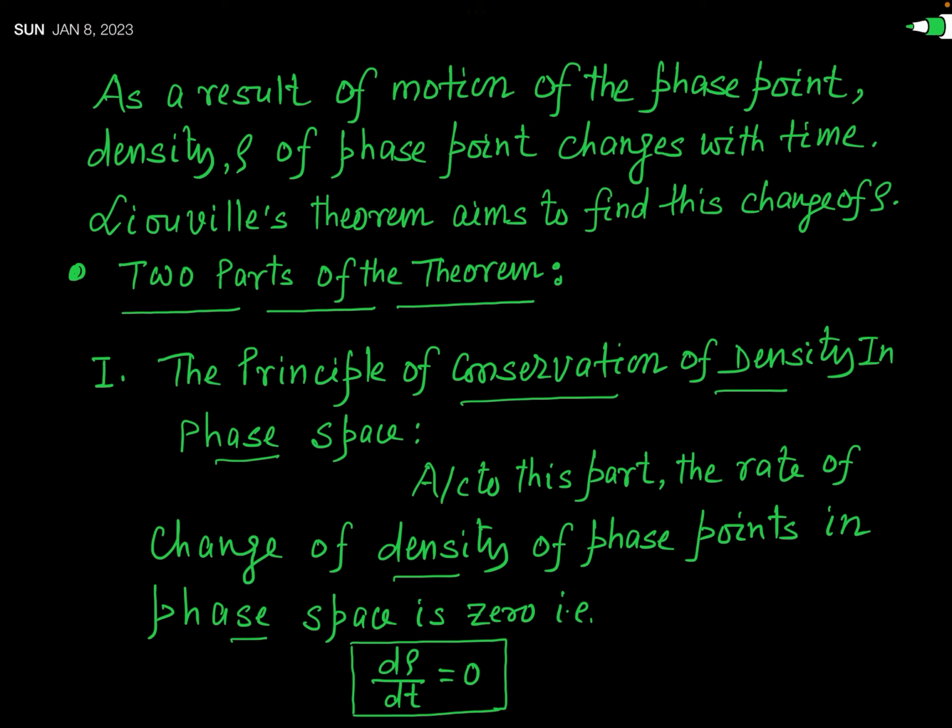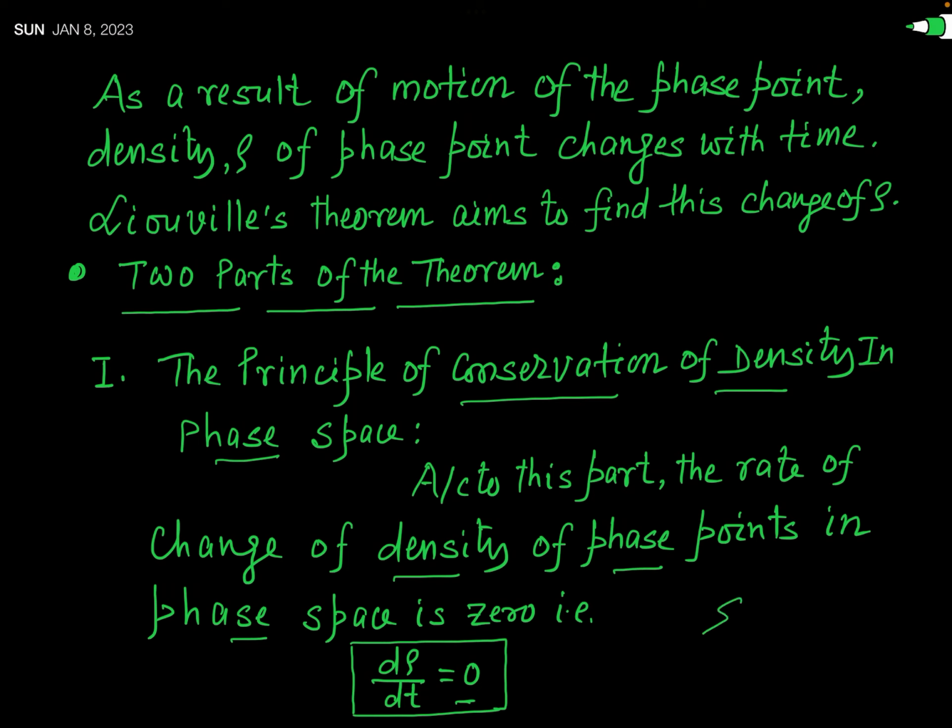This is the statement of the first part of Liouville's theorem. When you say that the rate of change of density of phase points in phase space is 0, mathematically you say that d rho by dt equals 0. It means this rho as a whole remains constant.